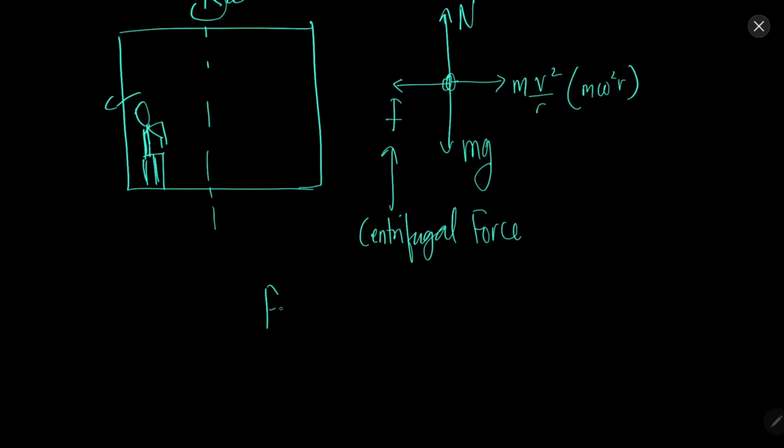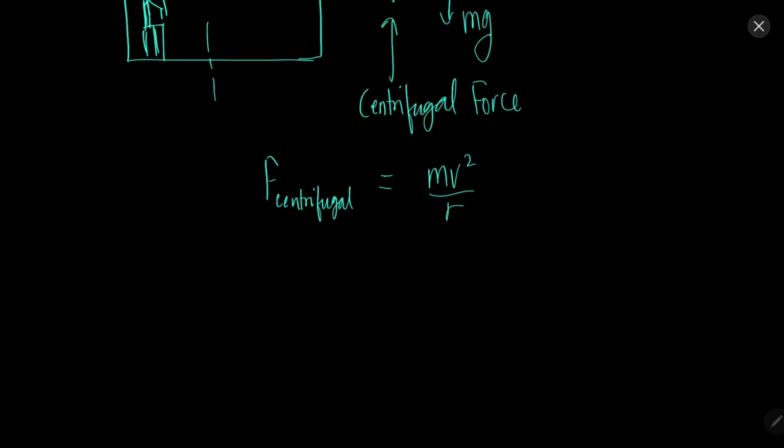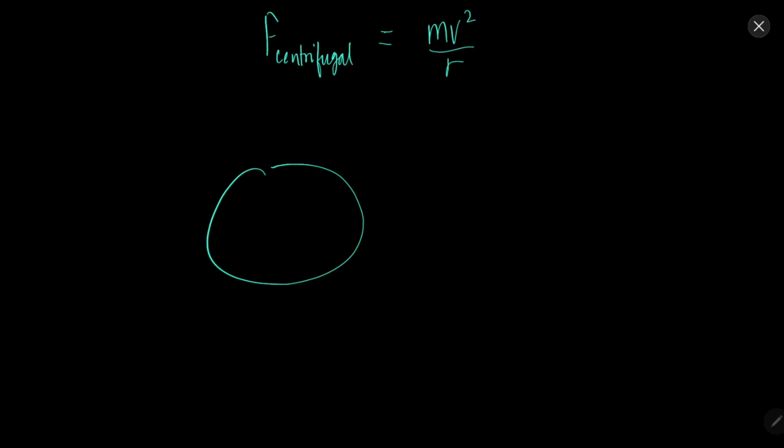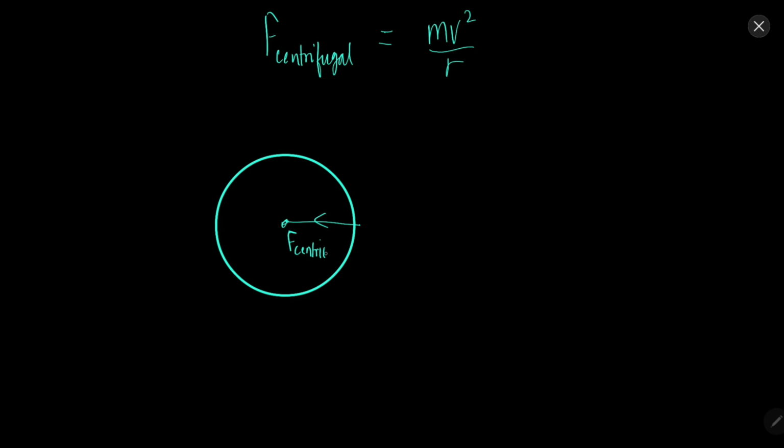The value of the centrifugal force is the same as the centripetal force, mv square by r, but it is just the opposite of it. So there are two forces in a circular motion. One force is center seeking, which is called the centripetal force. And one force is center opposing, which is called the centrifugal force.